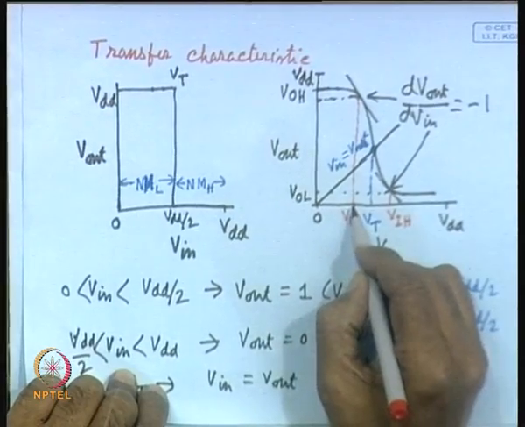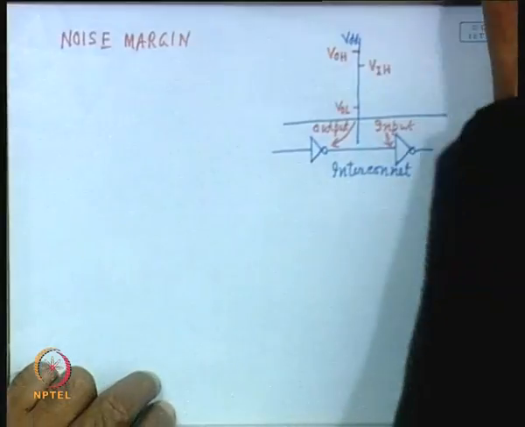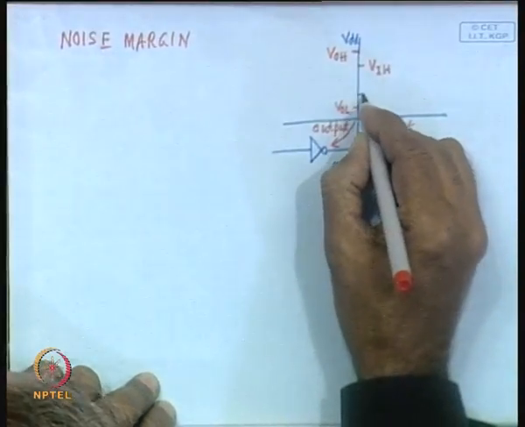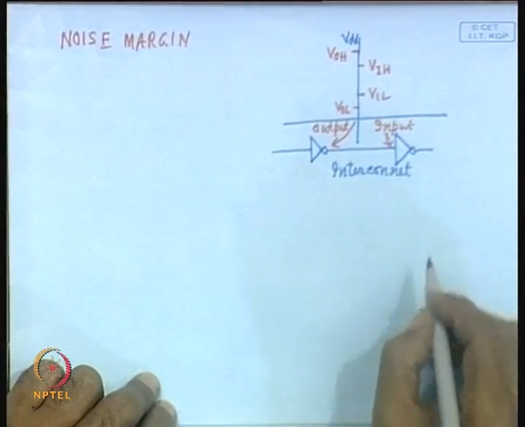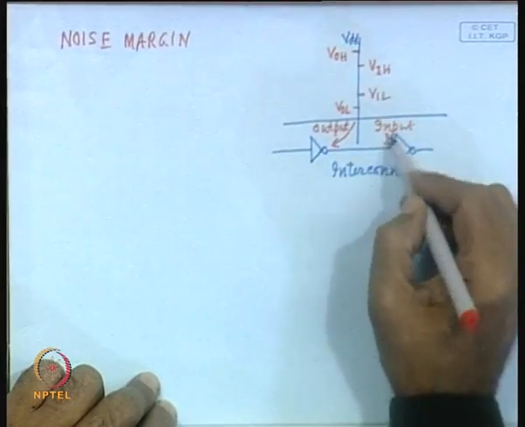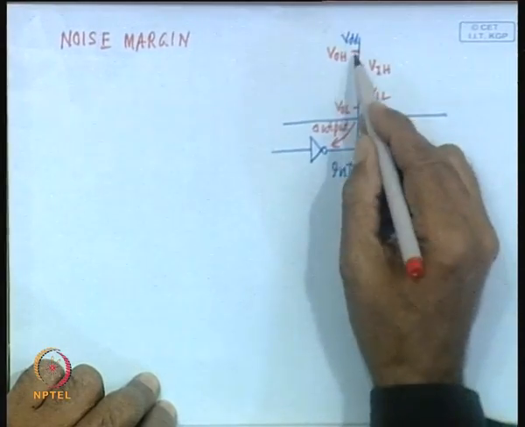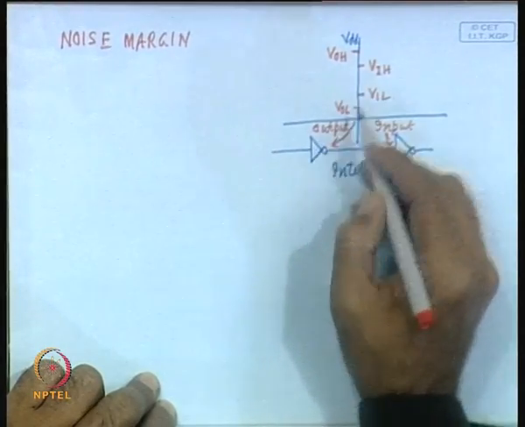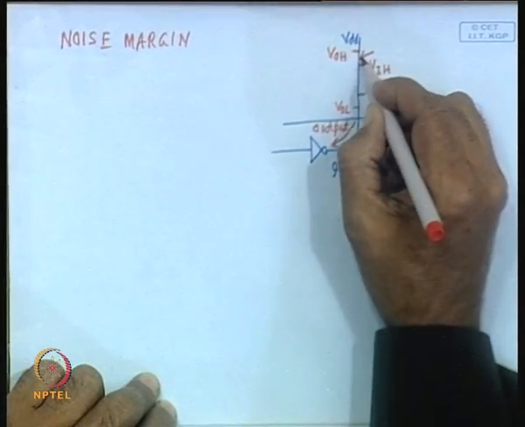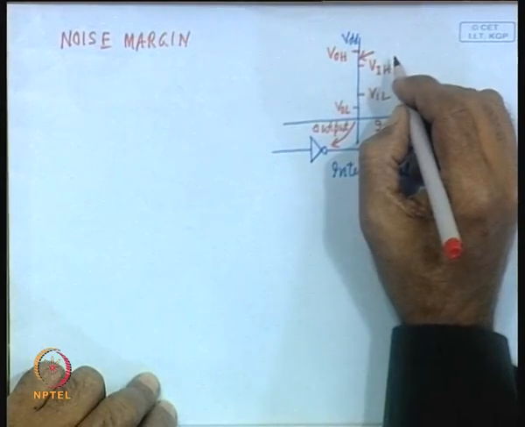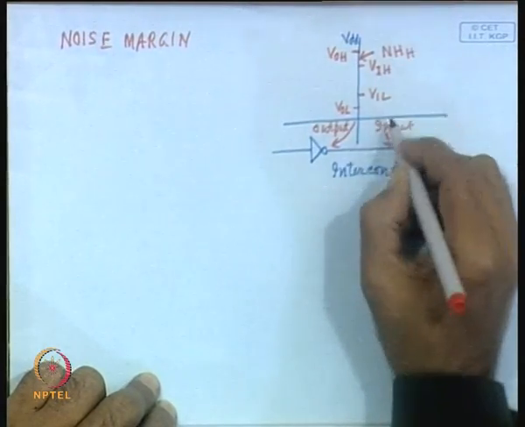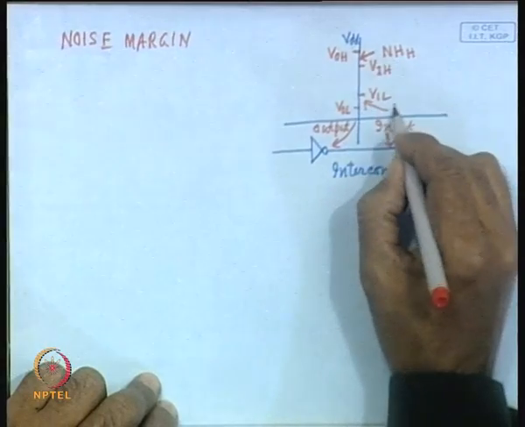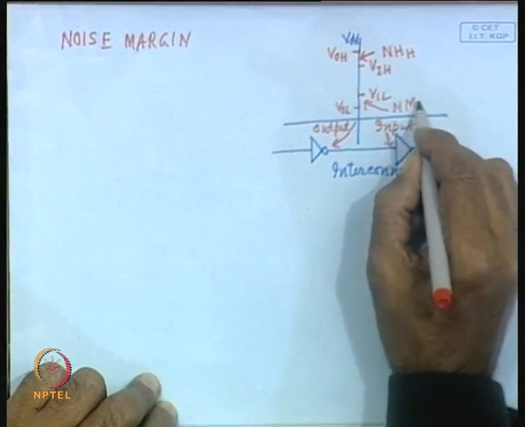Up to the VIL level, and VIL is somewhere here. So, this is your VIL. These are the inputs required for this stage and these are the outputs generated by this stage, and this is essentially the noise margin high and this is the noise margin low.